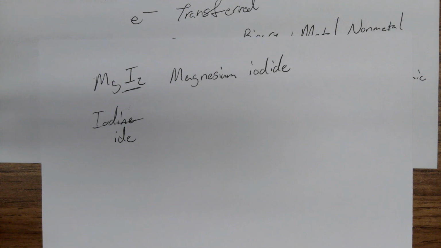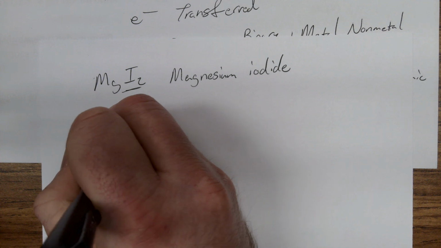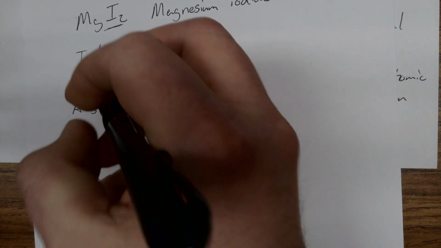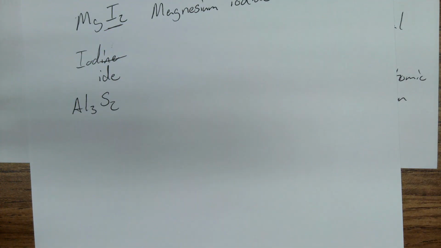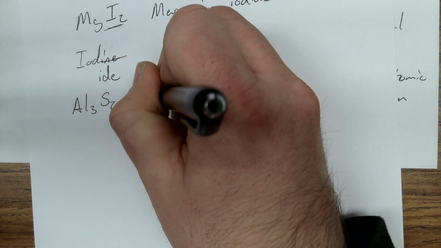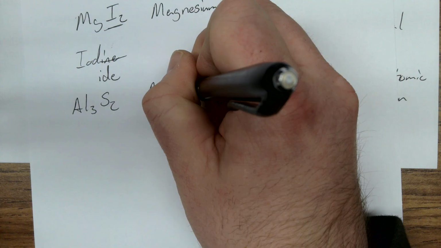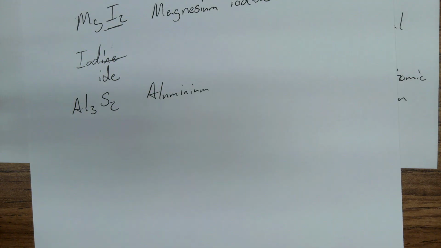If I did another one, let's do Al3S2. What's my metal here? Aluminum, or aluminium if you're special. And by special, I mean from across the pond. What is the end of that name going to be?